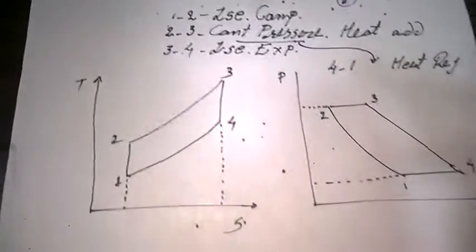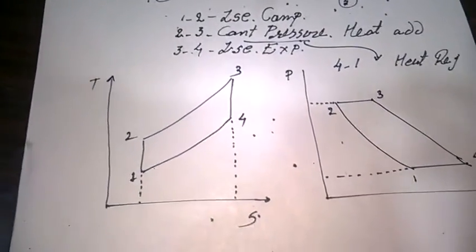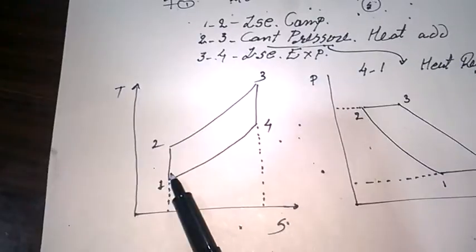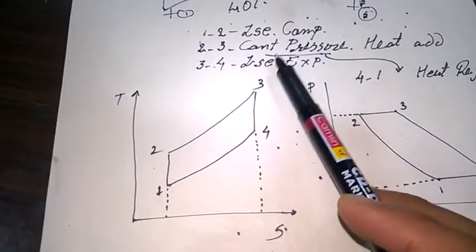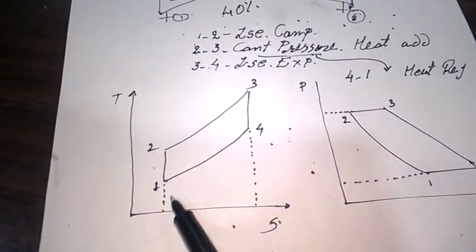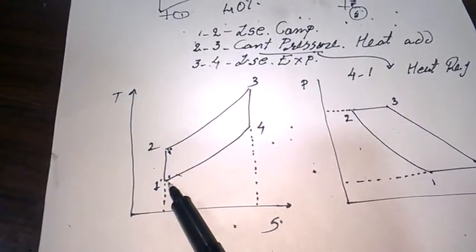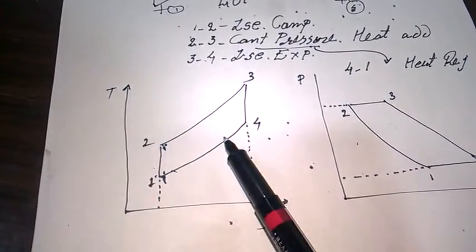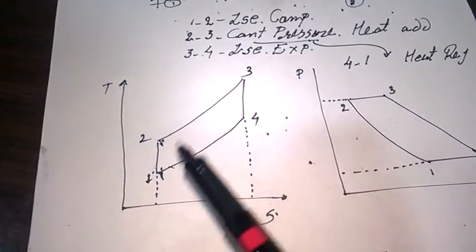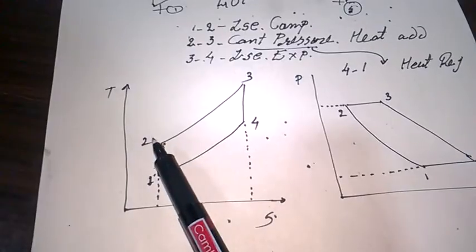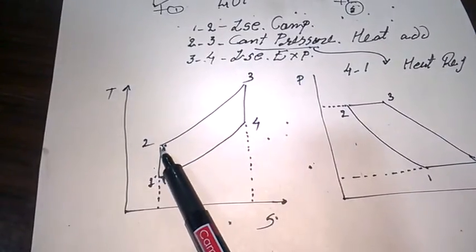So here are a PV diagram and a TS diagram. Let's start first with the TS diagram. Process 1 to 2, isentropic compression. Now what happens in an isentropic process? The entropy remains constant. It means we are not adding any kind of heat, or rejecting any kind of heat from the system, so the entropy of the system remains constant.